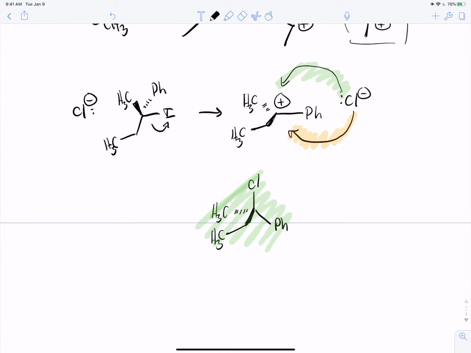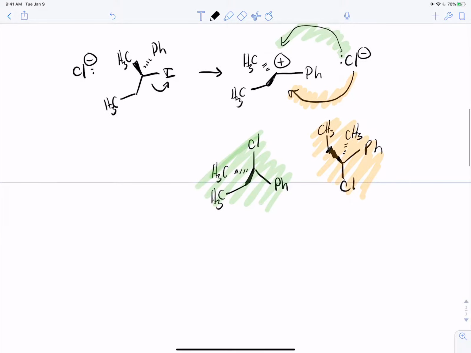If it goes through the second one, though, we're going to see that it pushes them in the opposite direction. And that's going to give us whatever the opposite stereoisomer is. And since the probability of it happening is 50-50, you're just going to end up with a racemic mixture.